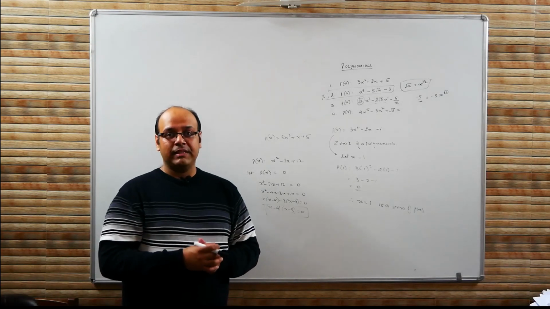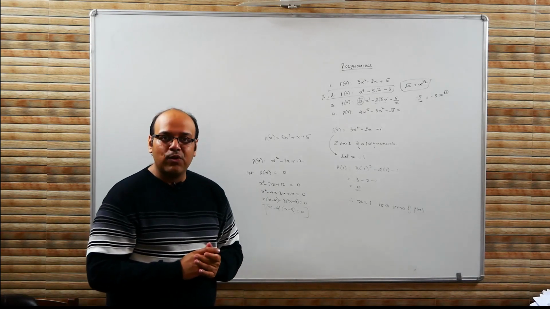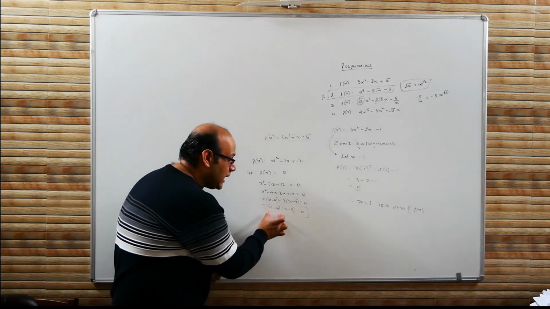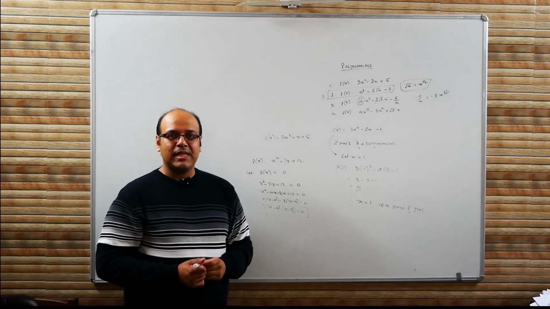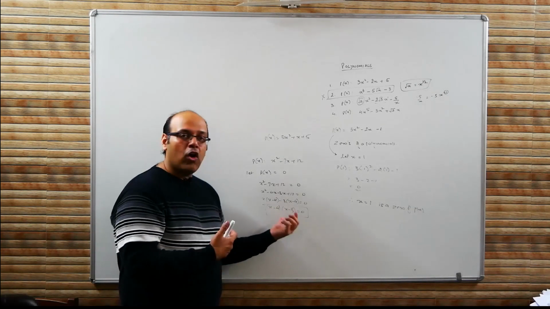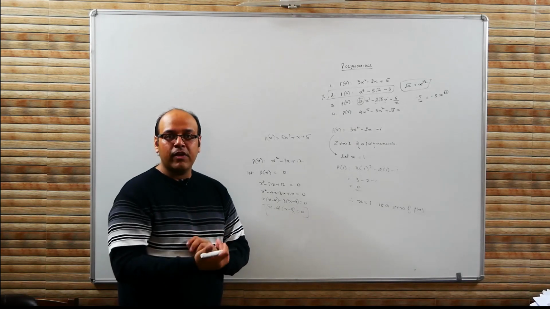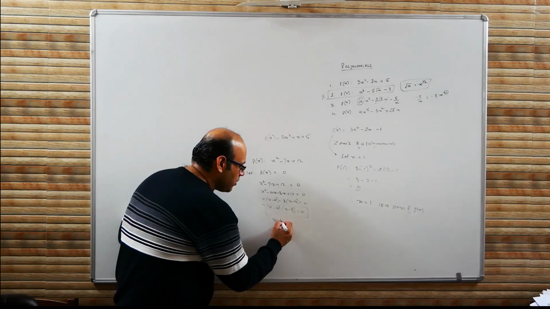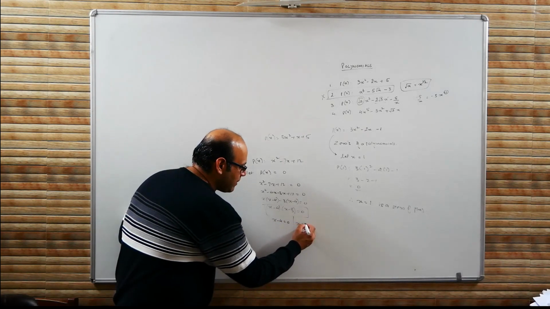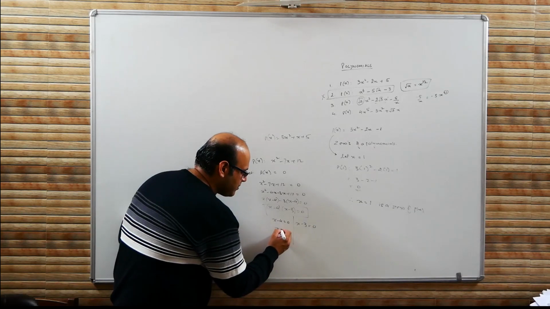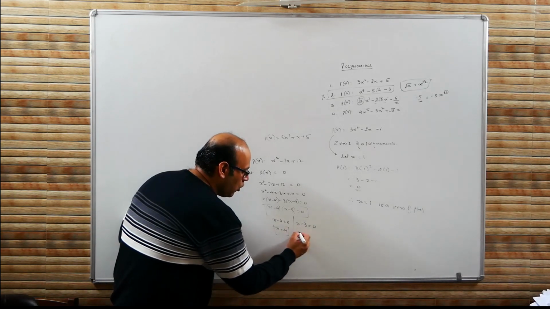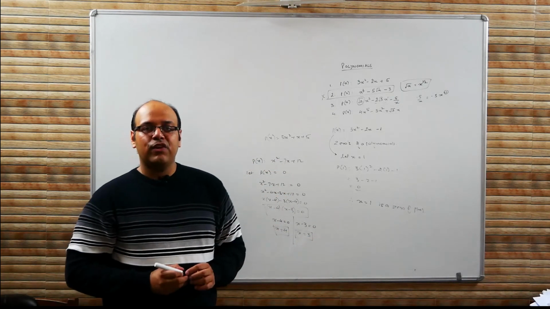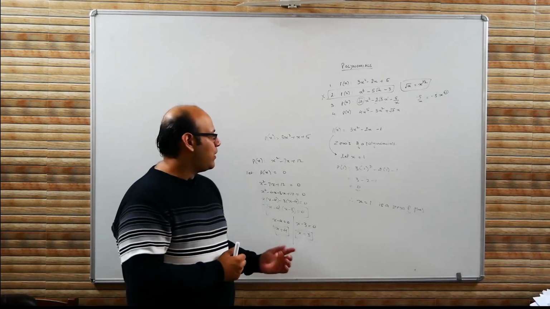This cannot happen with non-zero factors, meaning if the product of two terms is 0, either of the terms must be 0. If both are not 0, then I cannot have the product to be 0, right? So either x minus 4 must be 0 or x minus 3 must be 0, which gives me x equal to 4 or x equal to 3. These are the two zeros of this particular polynomial.